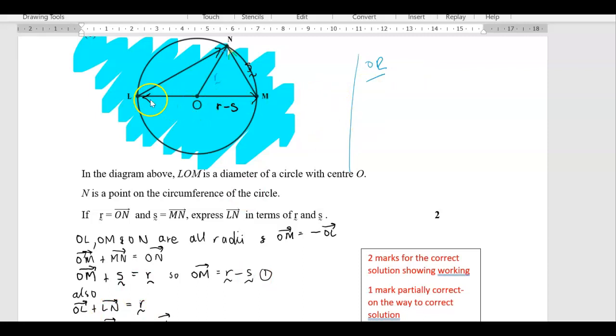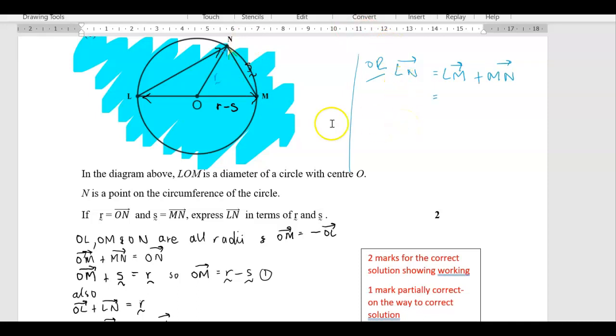So if I was then to have a think about this great big triangle here, I want a relationship for LN. And I know that LN is the resultant vector for LM plus MN. So LN is what we want to find.